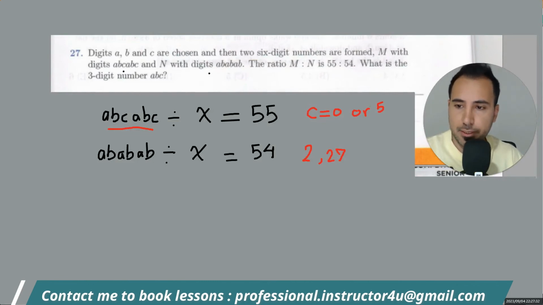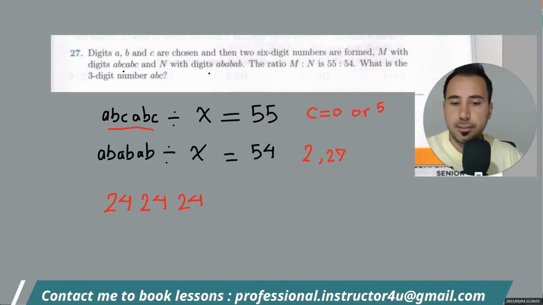For example, if I write this number 242424, it is divisible by 9, right? You add all the digits, it becomes 18. But when you divide this number by 27, you could just use a calculator, you'll see that it's not divisible by 27.